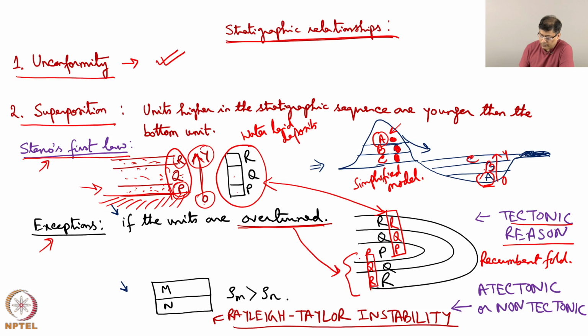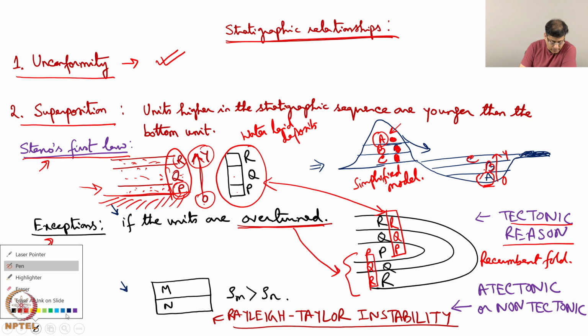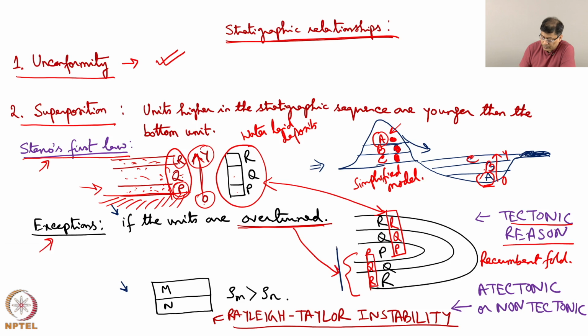So, if your observation is within the overturned limb, your interpretation can be completely wrong. Therefore, it is very important to decipher stratigraphy and look at the structural geology of the terrain. Is the terrain faulted? Are the lithologies folded? The complete structural history also is to be understood. Then only we can find out a proper stratigraphic succession.